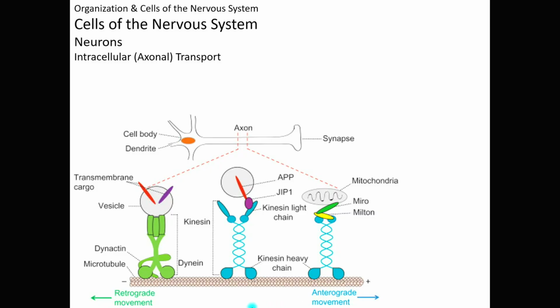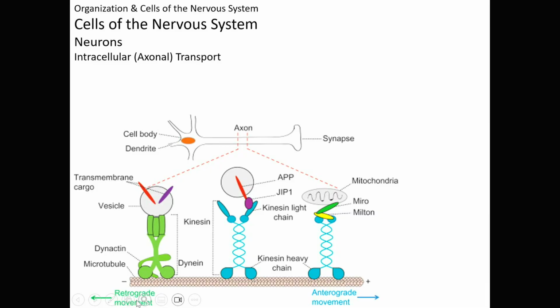Dynein is responsible for the retrograde movement of cargo, from the periphery of the cell back towards the cell center. So these two locomotive engines are responsible for transporting cargo to the cell periphery and from the cell periphery, respectively.